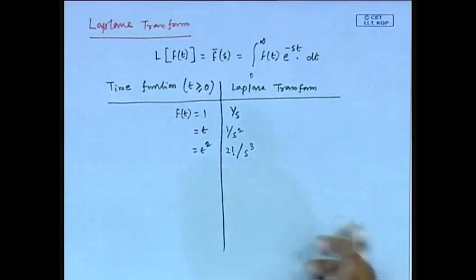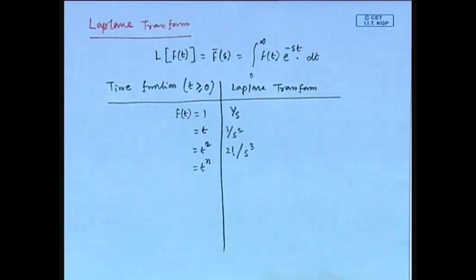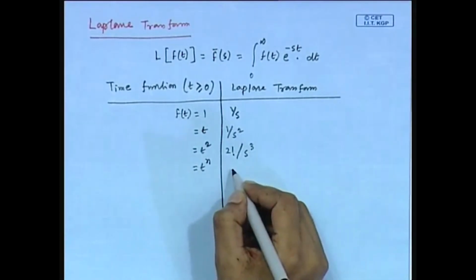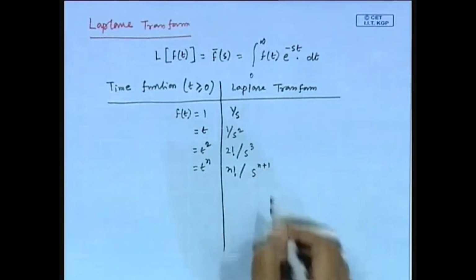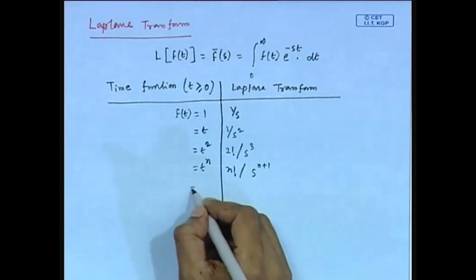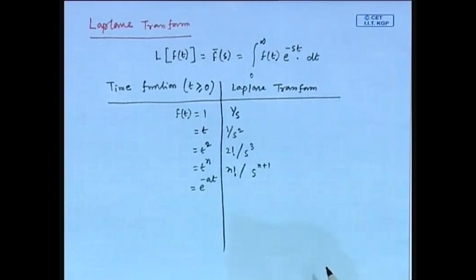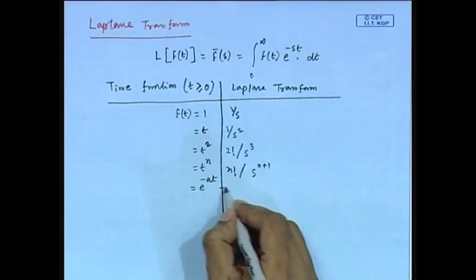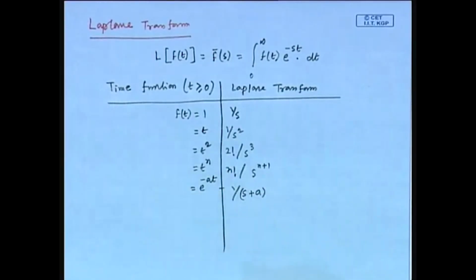If this function is t to the power n, then this becomes factorial n divided by s to the power n plus 1. If this is e to the power minus at, Laplace transform of this is 1 by s plus a.